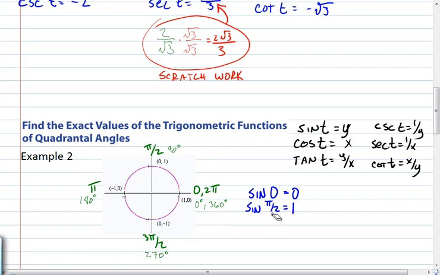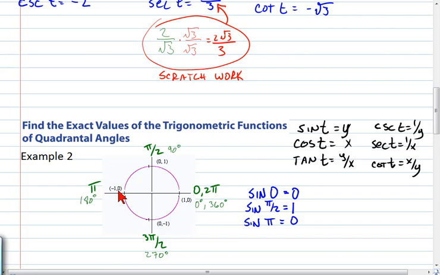So now I've changed this angle to pi over 2. Pi over 2 terminates on the positive y-axis, right? Sine is the y value, so x is 0, y is 1. Sine of pi is 0, because once again, the y value of this point right here at pi radians is 0.